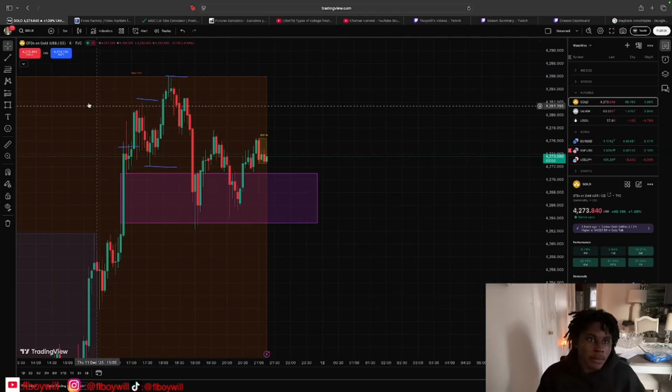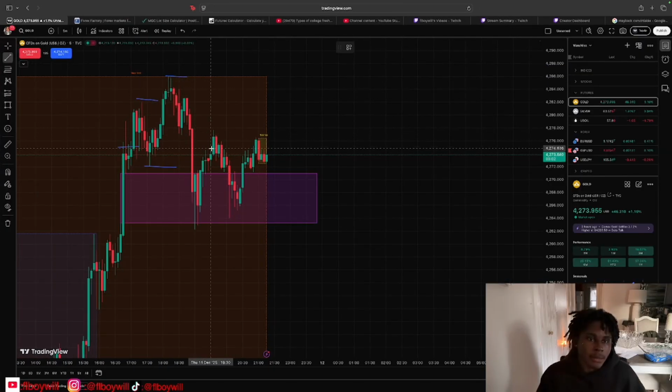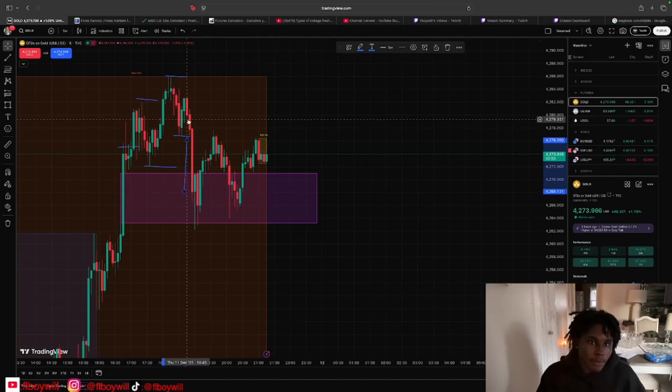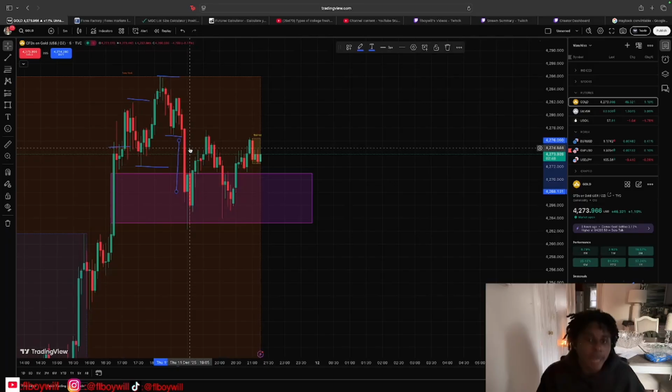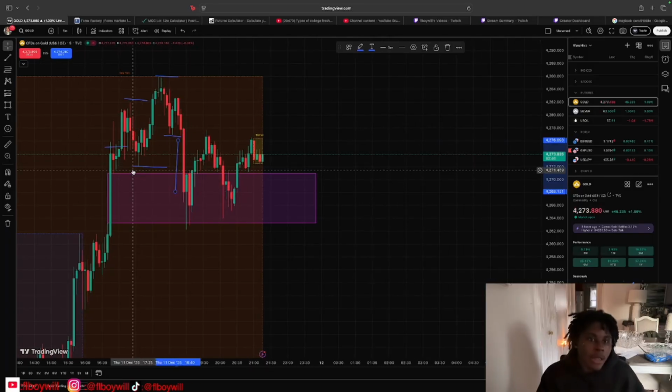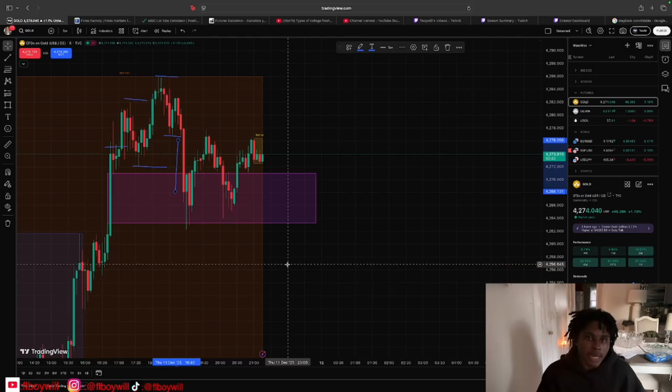Low. Then it pushed past this low. Pushed past both of these lows. It closed past it. It didn't wick past it. So this is looking like a break of structure, and now we're finna go to the downside.